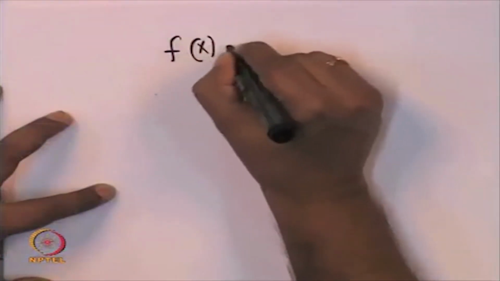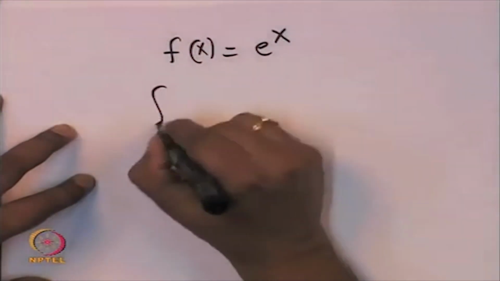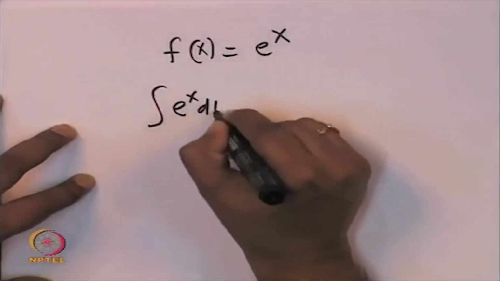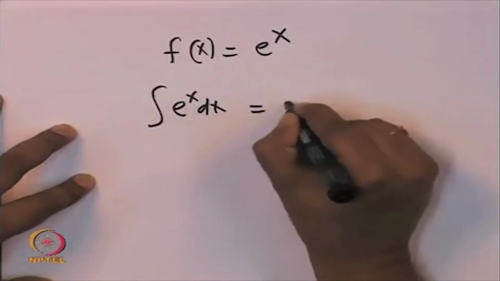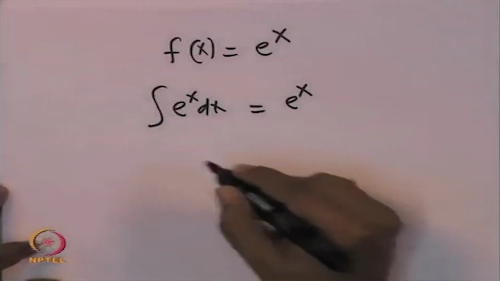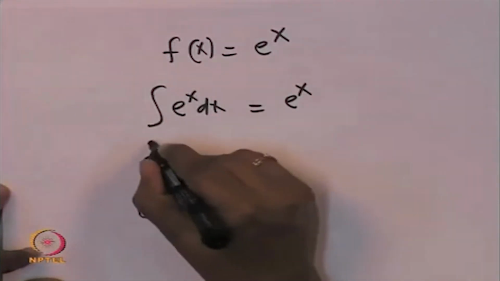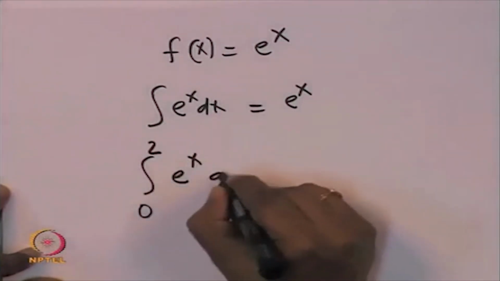So, let us think of this function f of x equal to e power x. We learned that the integral of e power x dx is e power x itself. Now, we want to calculate the integral from 0 to 2 of e power x dx.